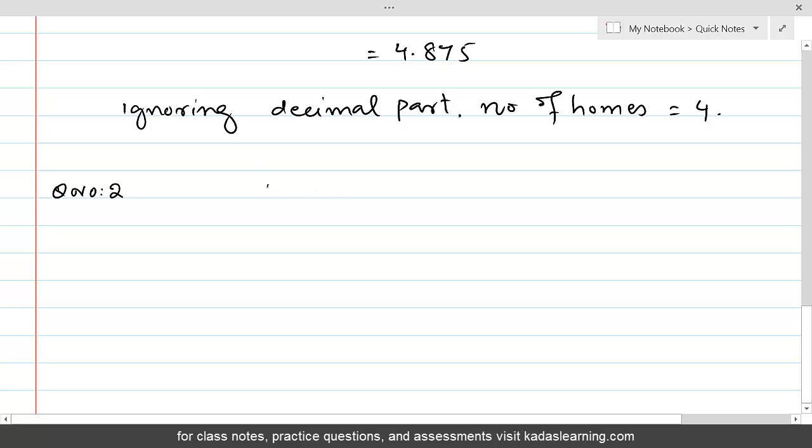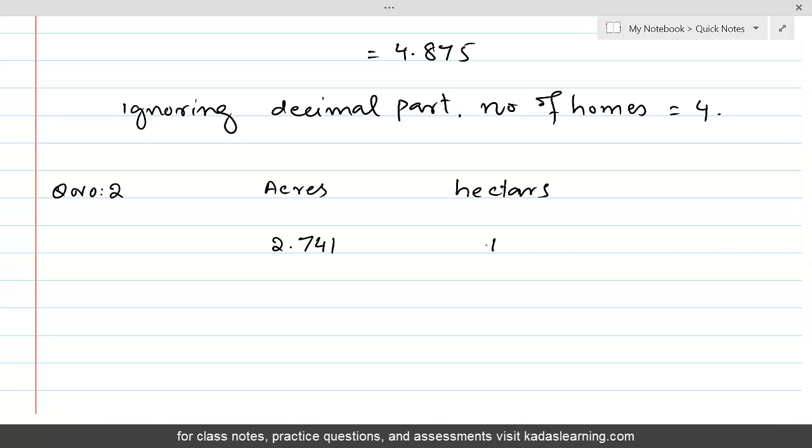So similarly we write acres and we write hectares. 2.741 acres are represented by 1 hectare. Then we need to represent 160 acres by how many hectares? We have no idea. So we are going to write under acres 160, but we don't know how many hectares will be in 160 acres.